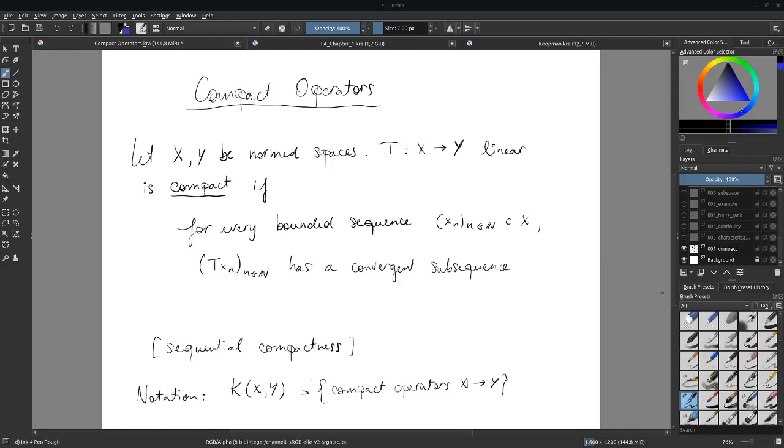So right now only normed. A linear operator T between a space X and a space Y is compact if and only if for every bounded sequence xn in X, the sequence T of xn has a convergent subsequence.